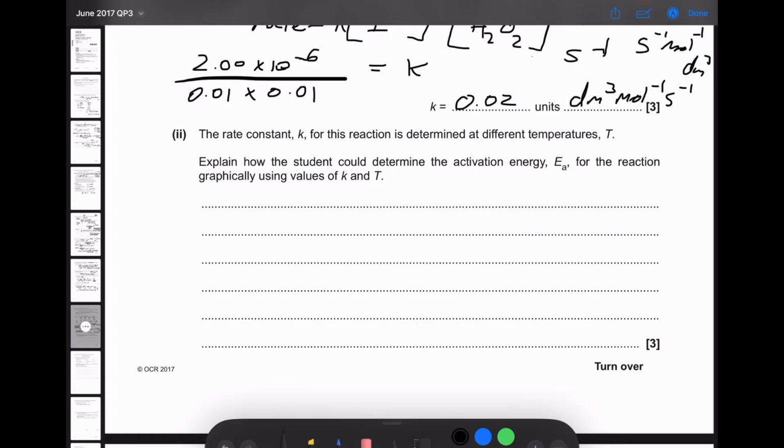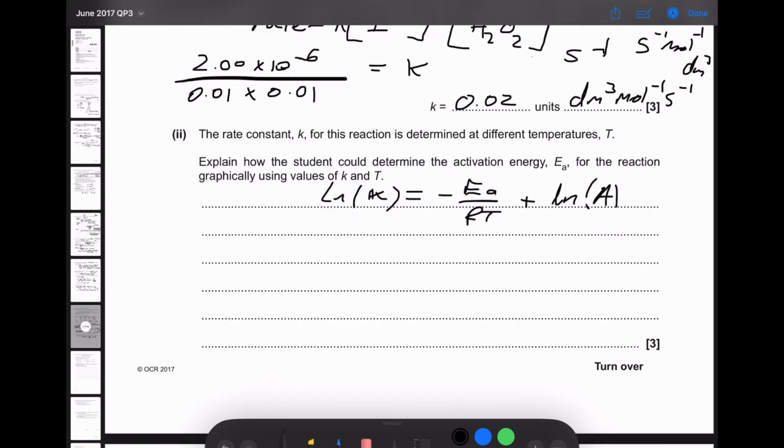So, we're going to write out our equation. We'll do it the one you would use in a graph, which is the one with logs in it. So ln k equals minus EA over RT plus ln A. That should be a capital, just for everyone who cares about notation.